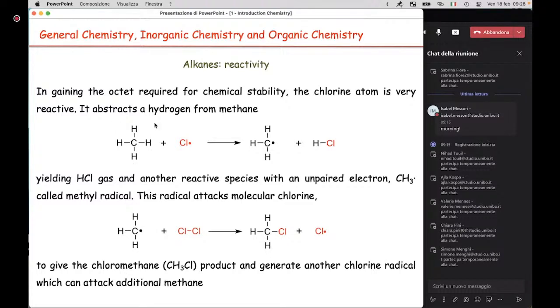Here we can see an example of reaction of chlorine radicals with an alkane, the simplest alkane, which is methane.